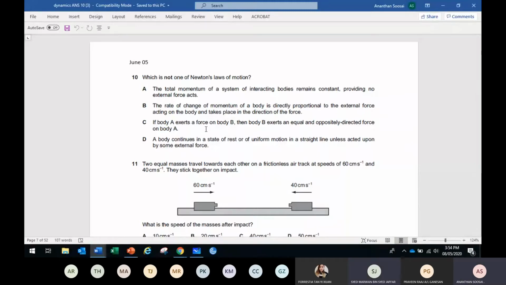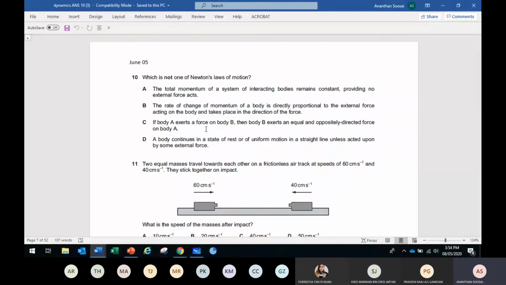B: the rate of change of momentum of a body is directly proportional to the external force acting on the body and takes place in the direction of the force. This is Newton's second law. Okay class, I need to correct a statement here.